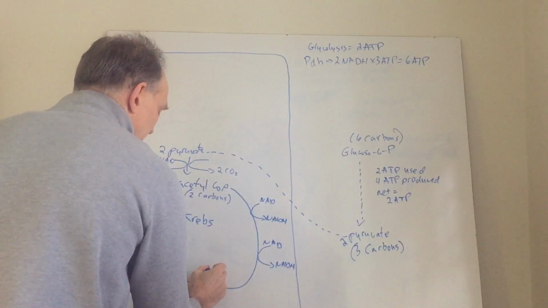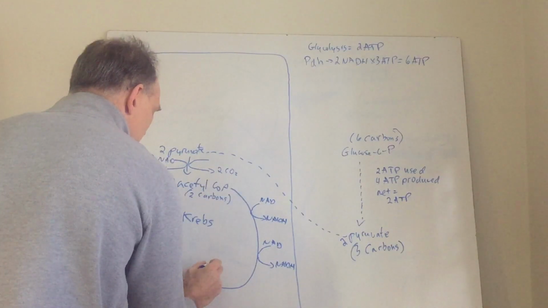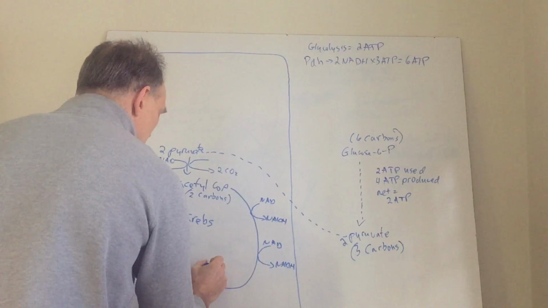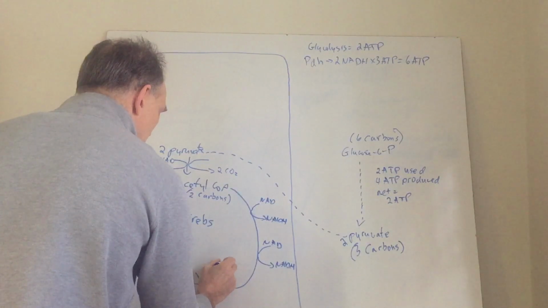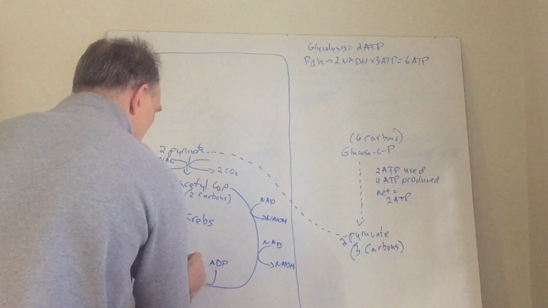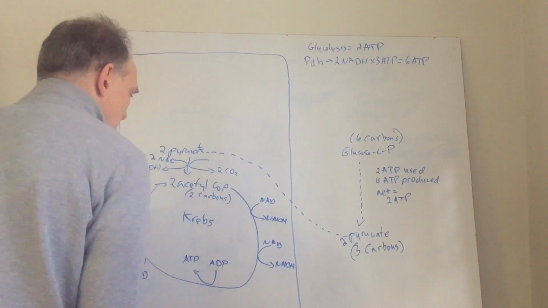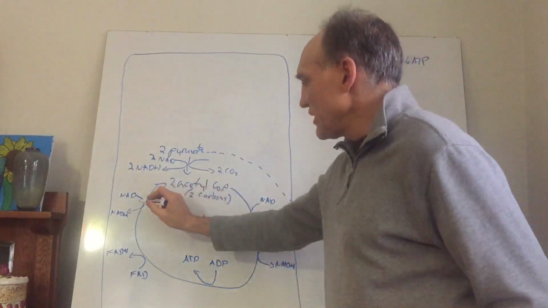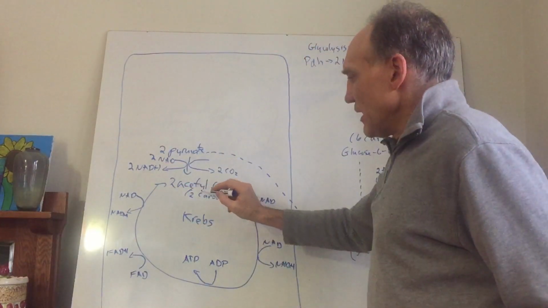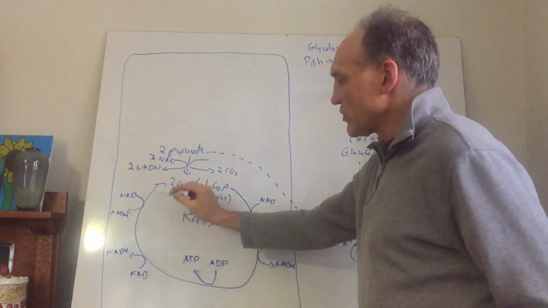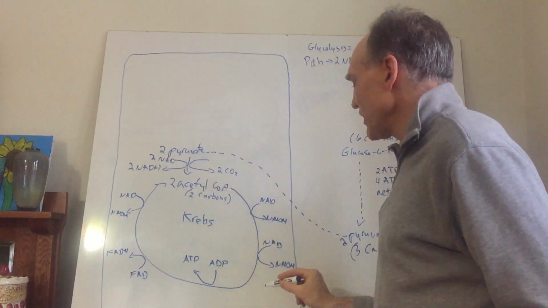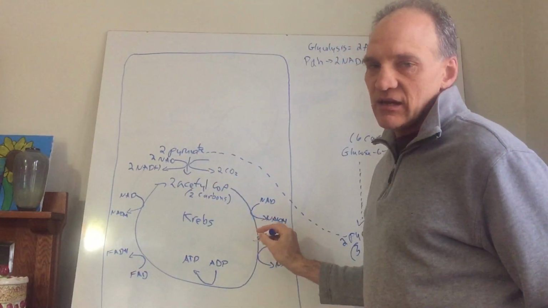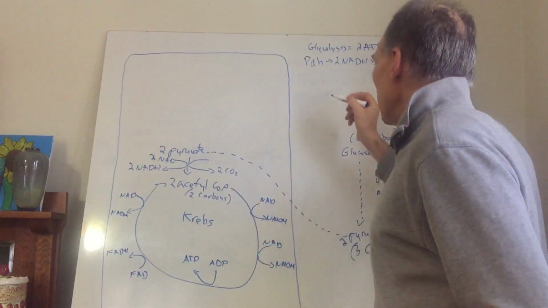And at 1 point you get ATP or an ATP equivalent formed. So within the Krebs cycle, we're getting 1, 2, 3 NADH. Keep in mind that the Krebs cycle goes around twice because you have 2 acetyl-CoAs. So you're actually getting 6 NADH from the Krebs cycle.